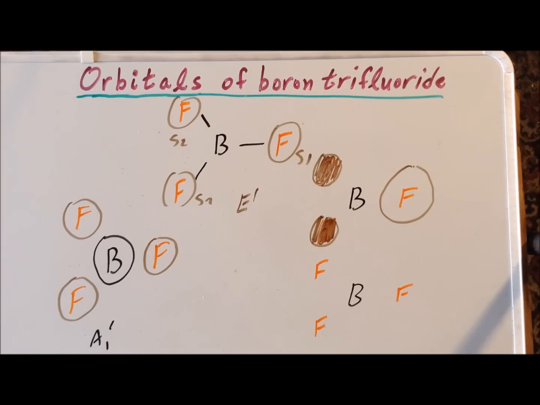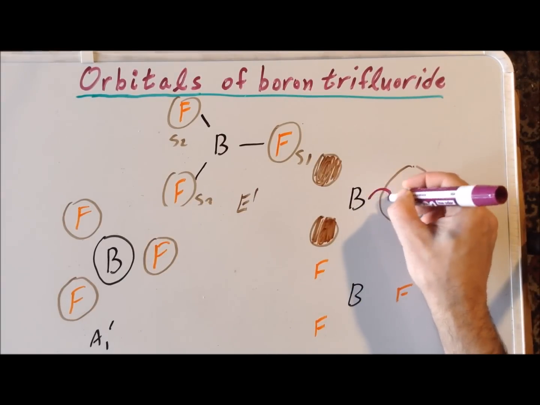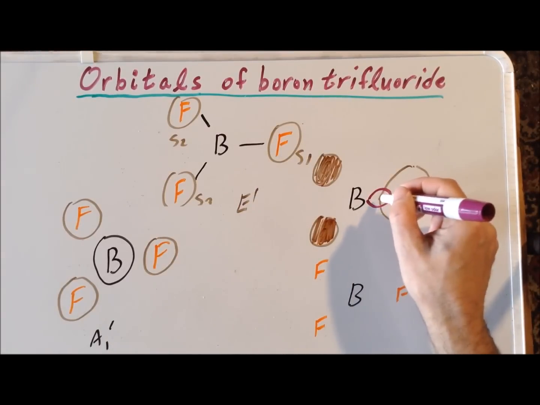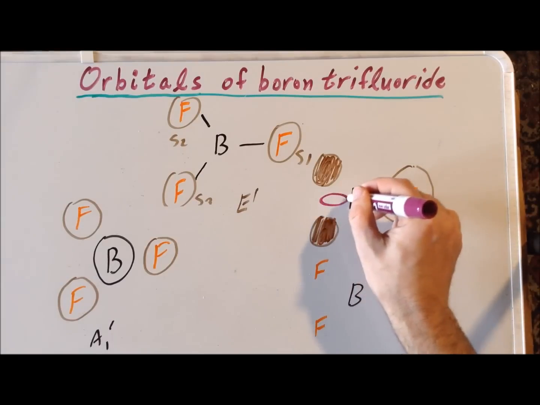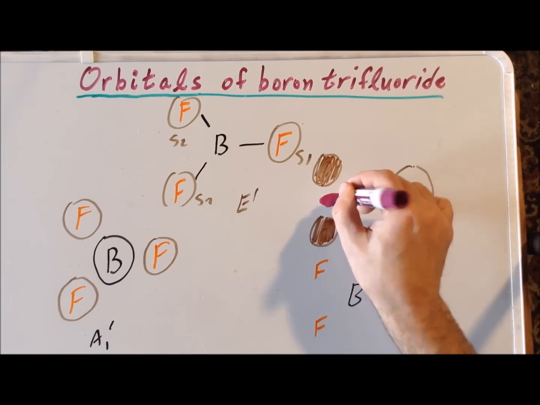So what would the atomic orbital on boron be that has the right symmetry to interact with this linear combination of atomic orbitals? Well, it's a little tricky to draw here, but we need a p orbital that goes in the x direction, and it has to have a positive phase towards this fluorine atom, and then a negative phase in this direction. It has to have opposite phases because that's what a p orbital does.